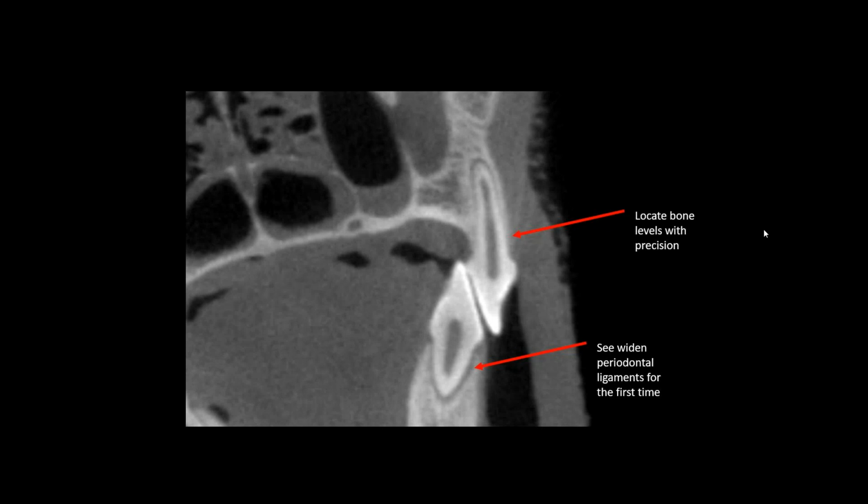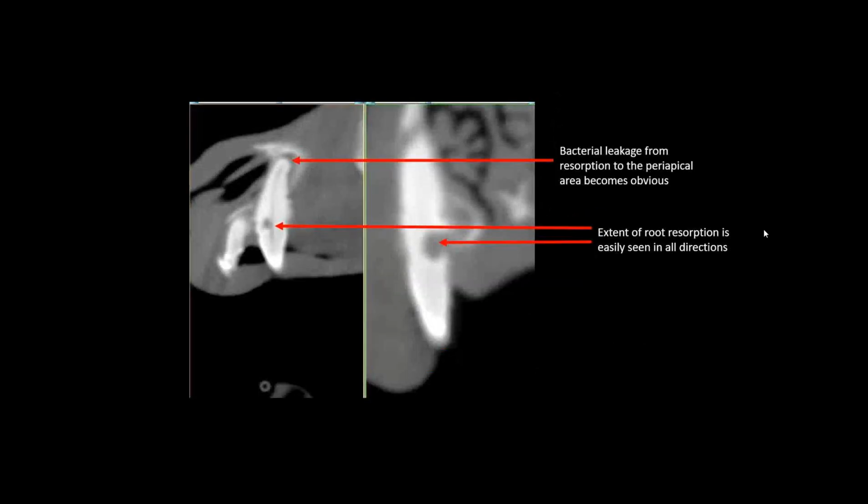The bone on the direct buccal of the root becomes pretty thin, and that's normal anatomy. It's going to thin out to the point where it starts to disappear a little bit, and one would wonder, is this normal or have we lost any bone? And this appearance right here is actually normal. You can see it on both examples here.